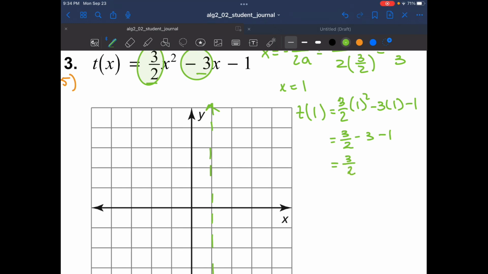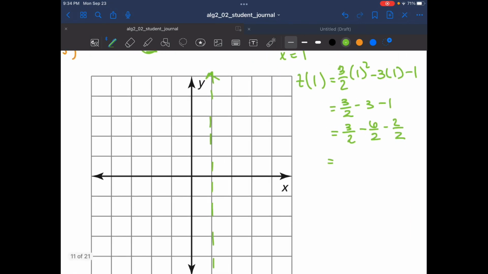This will be 3 over 2 minus 6 over 2 minus 2 over 2, which will end up being 3 minus 6 minus 2 over 2. Okay, 3 minus 6 is -3 minus 2 over 2, which will give us -5 over 2.